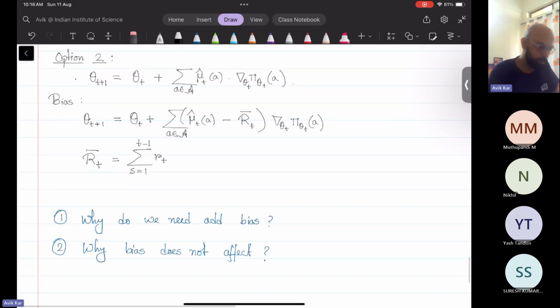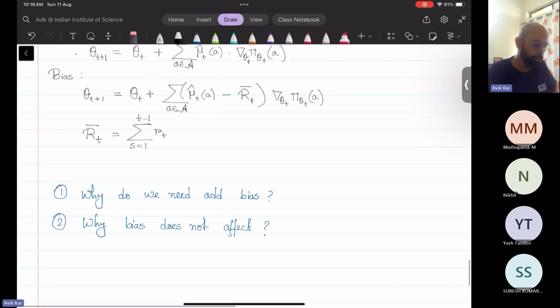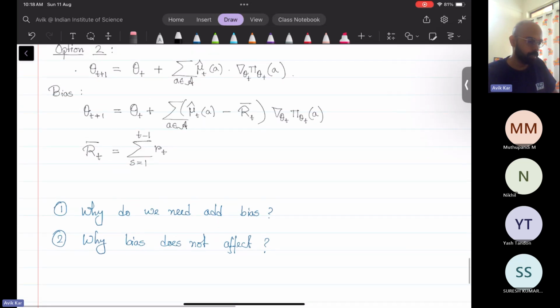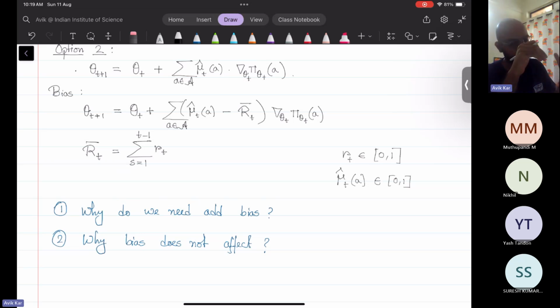Okay, so let us answer the first question. Why do we need to add a baseline? Say your reward R_t belongs to 0 to 1. So your mu hat t will also belong to 0 to 1. Now, if you are moving towards the right point, it will happen that your gradient is positive.